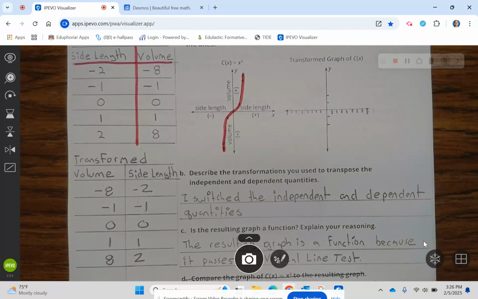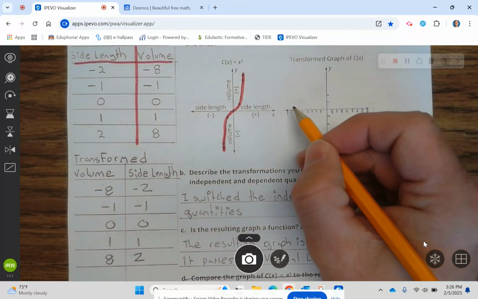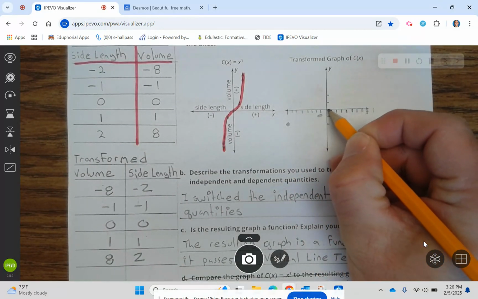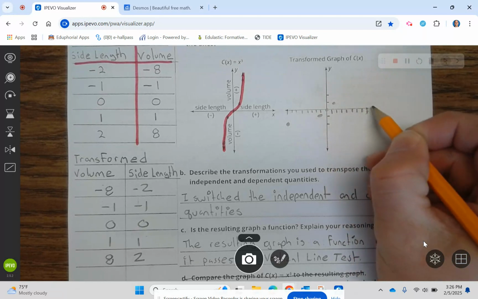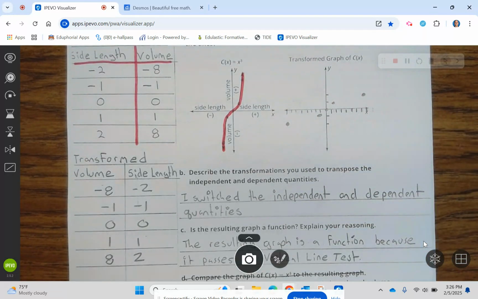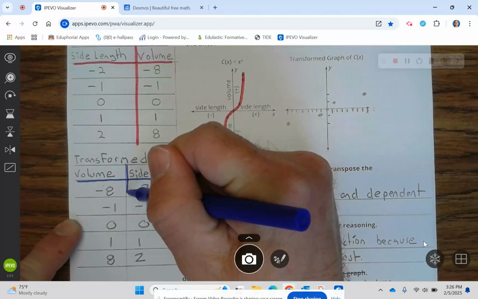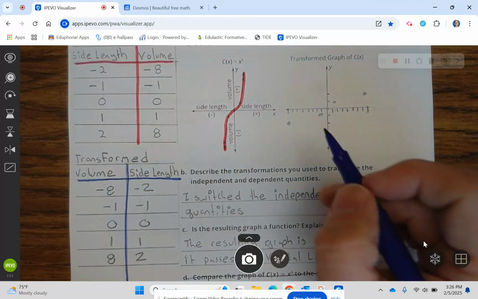Okay, so we're going to graph these points. So -8, -2, -1, -1, 0, 0, 1, 1, 8, 2. So this corresponds to this graph.